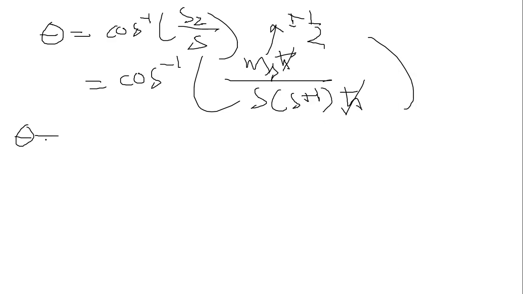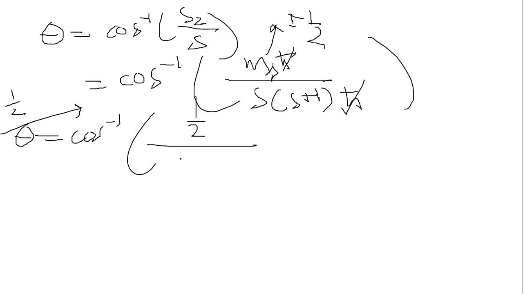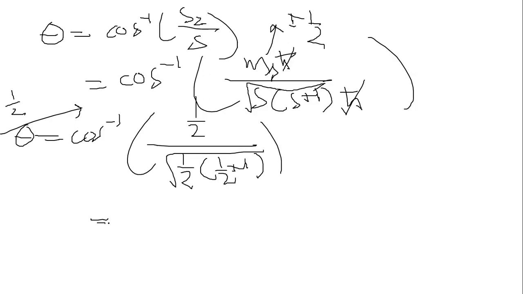So for one case, theta is cos inverse. If we take m_s half, then theta will be cos inverse half divided by root over s into s plus 1, where s is also half, so half into half plus 1. So it will be cos inverse 1 by 2 divided by, what will be the value?